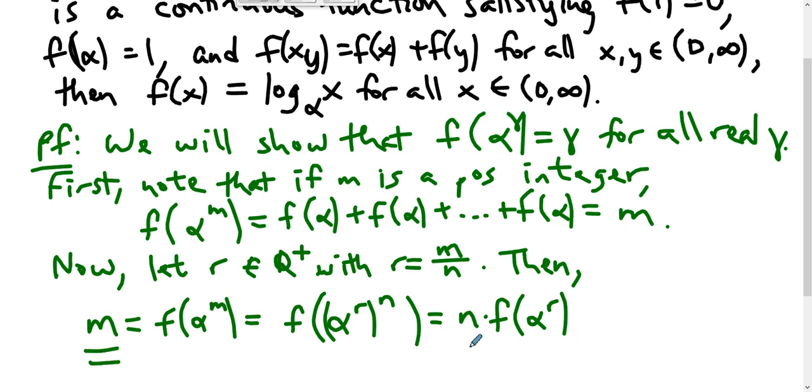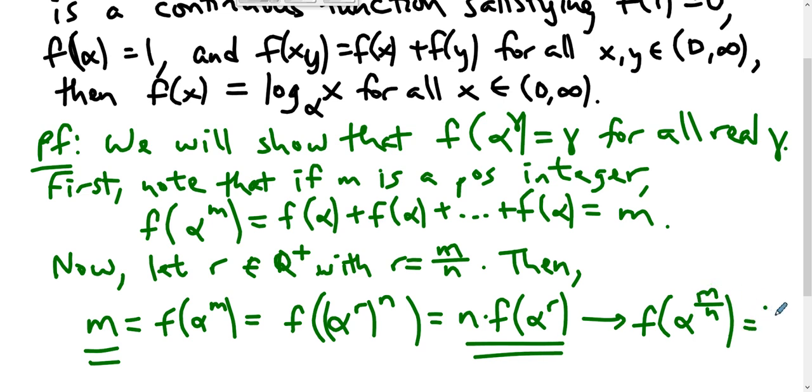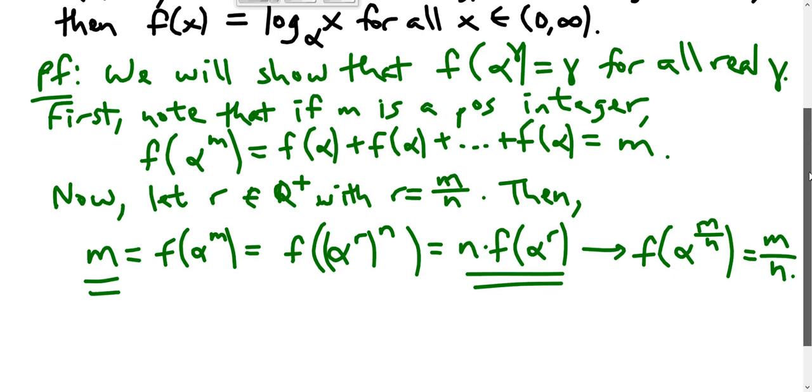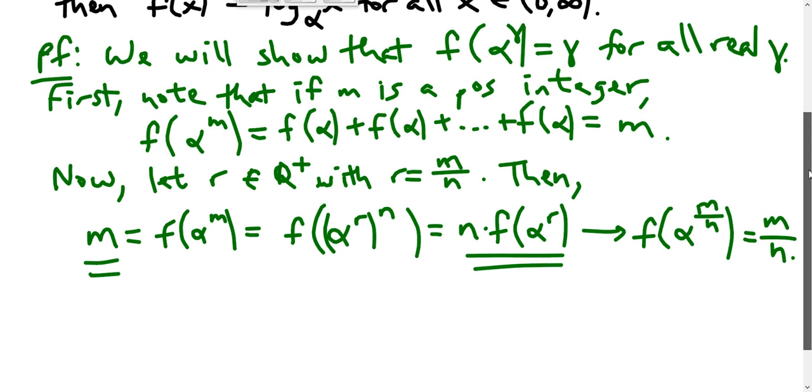And if this is equal to that, then f of alpha to the r is m over n. I should note that the results are similar if m is a negative integer here, and if r is a negative rational number here. All the integers, all the rational numbers obey this. It's just easier to see with positive integers and positive rational numbers.